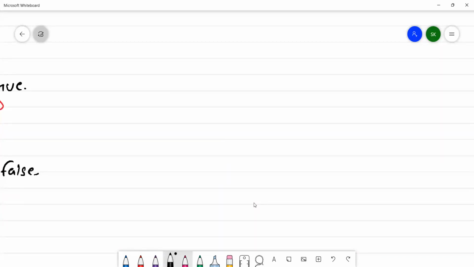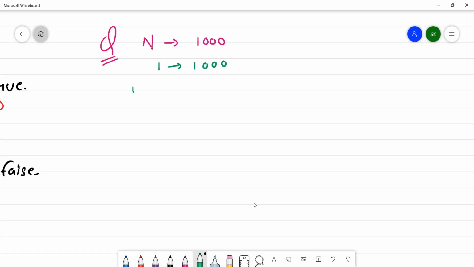So next question is, you have been given a number n. Let's suppose the number I gave you is 1000, and you need to find out all the numbers from 1 to 1000 which are divisible by 3 and 5.